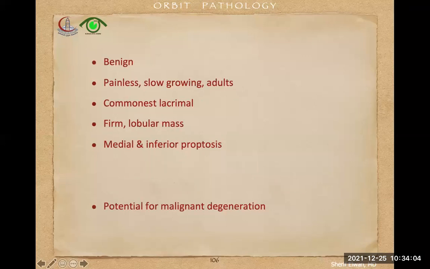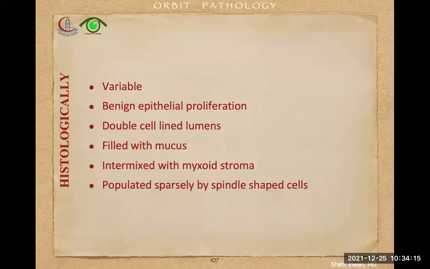Again, it's a benign, painless, slowly growing mass of the lacrimal gland, firm with lobular texture with medial and inferior proptosis. Under the microscope, it's variable. That's why we call it pleomorphic. Maybe benign epithelial proliferation, double cell-lined lumens filled with mucus, intermixed with myxoid stroma, populated sparsely by spindle-shaped cells.